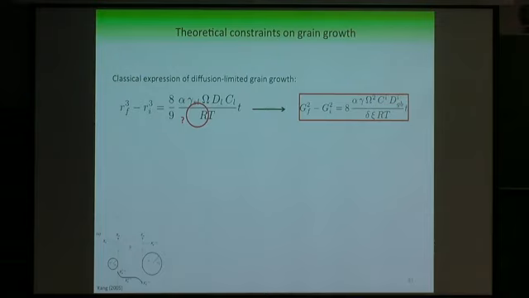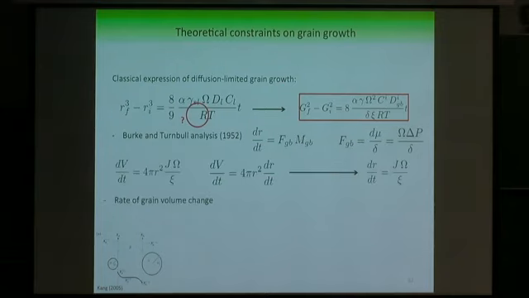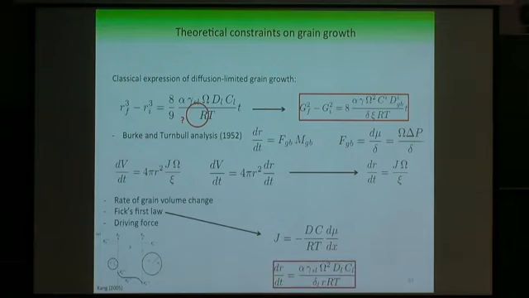So I decided to employ the same formalism as I've presented earlier in the atmospheric grain growth theory, starting with the Burke and Turnbull analysis in 52 with the same kind of equations: driving force, mobility, chemical potential, and pressure gradient. The rate of grain volume change leads to the same equation here. Then Fick's first law, and then re-implement that.